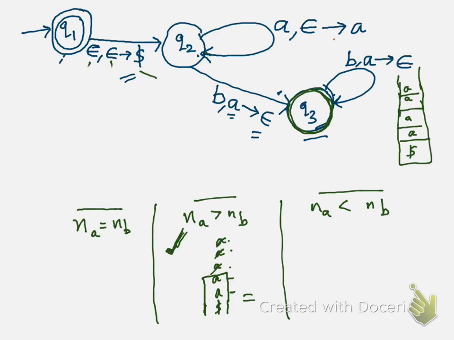Okay. What about the case when the number of A's is less than the number of B's? So again I had some A's here, and I had my input string here. When I saw some B's, I popped out these A's. Now still some B's are pending here, but I have already seen a dollar.